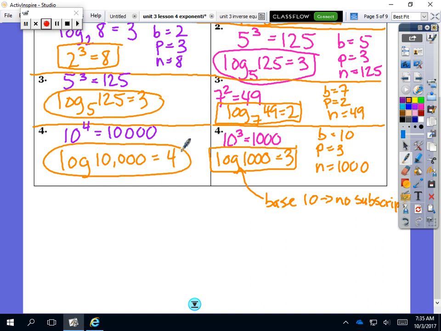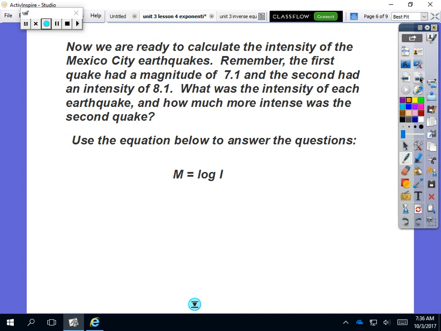So, now that we know how to convert logarithms, we're ready to take another look at the earthquake problem. So now we can calculate the intensity. How much more did the earth shake during those earthquakes than it's normally shaking? Because we know from taking science classes that the earth is always vibrating.